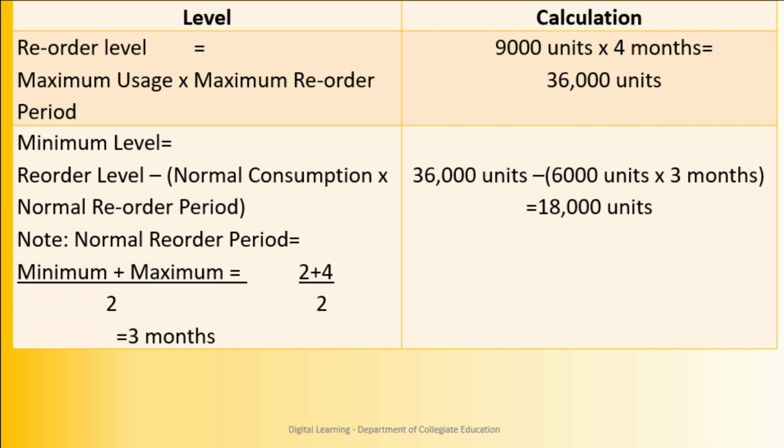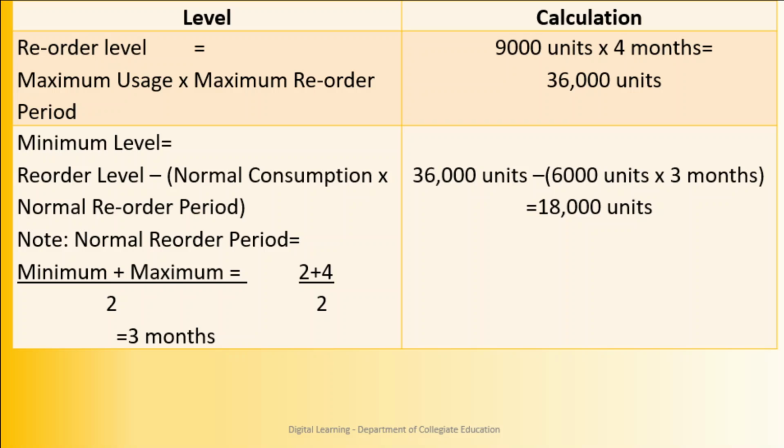Next, let's compute the minimum stock level. Formula: reorder level minus normal consumption into normal reorder period. Now please be careful, reorder level has already been calculated in step 1, minus normal consumption given in the problem, 6,000 units into normal reorder period. As I've told you in the beginning, time required for delivery is given 2 to 4 months.